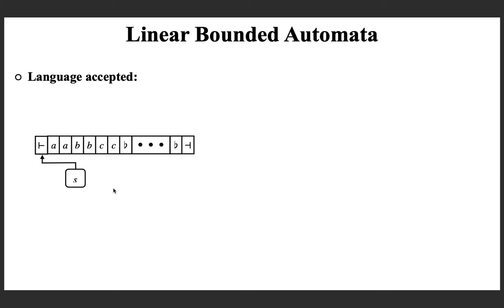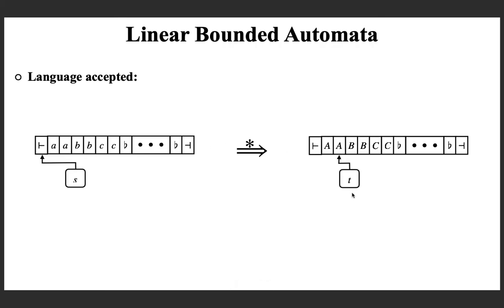If you start your computation from the initial configuration, that is with the start state and the read write head positioned on the first symbol, which is actually the left hand marker, and suppose eventually you get into a configuration where your state is T. Because T is a sink state, once you get into T, you will remain in T forever.